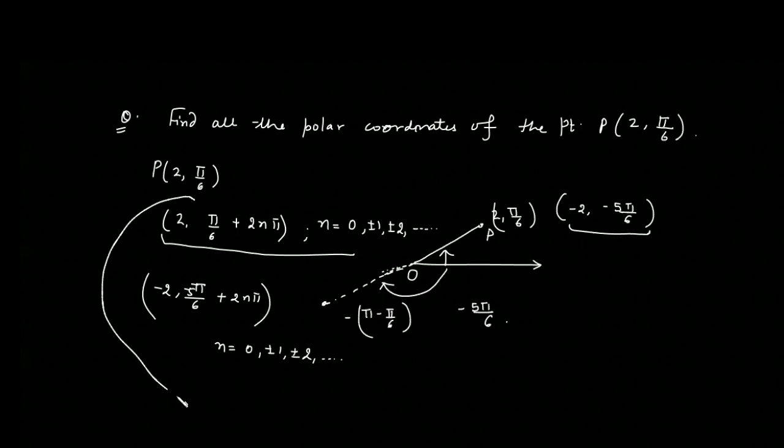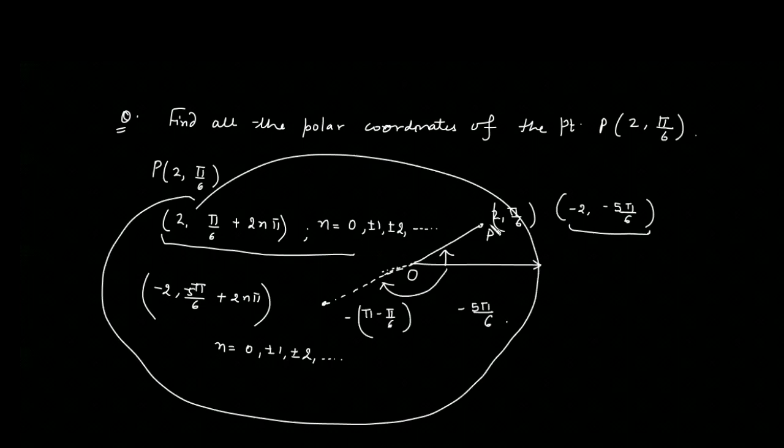So all these are the polar coordinates of this point P, 2 comma pi by 6. So there lie infinitely many representations of a single point in polar. This is the basic difference between Cartesian and polar.